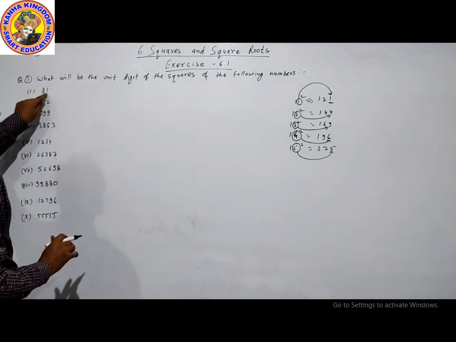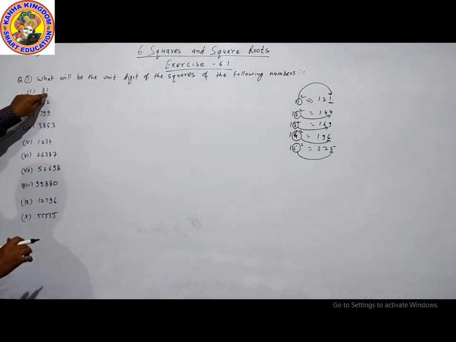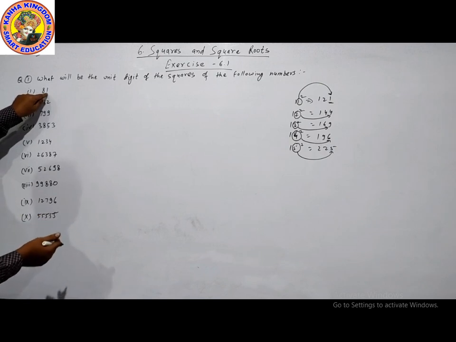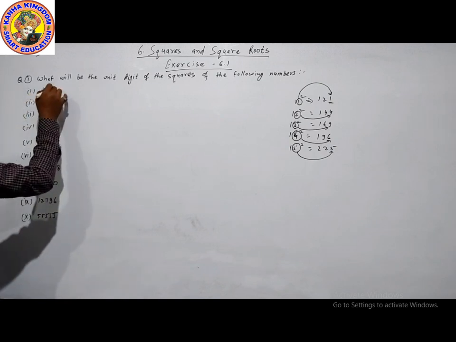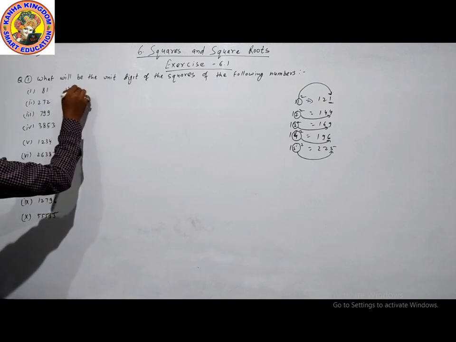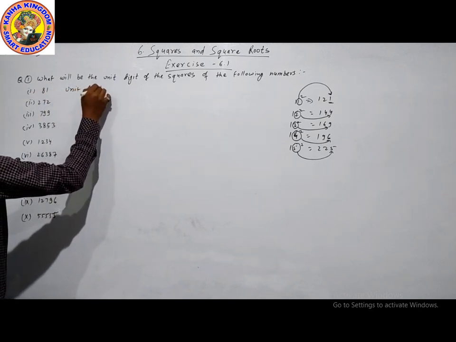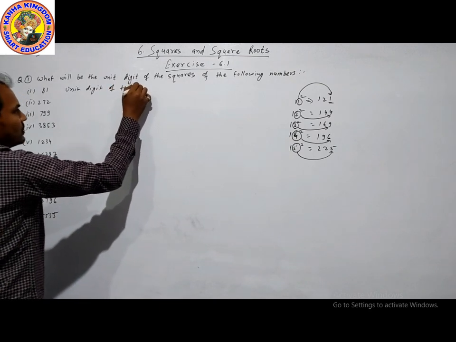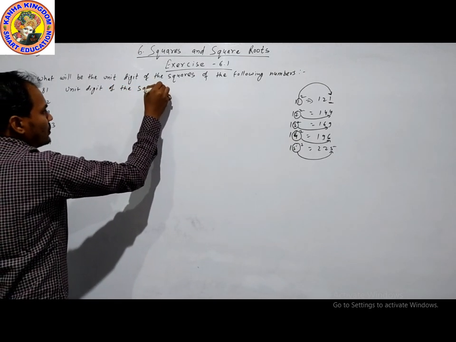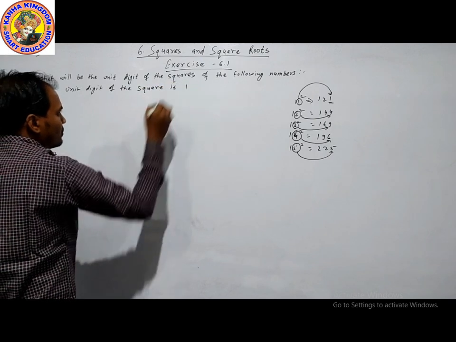Take the unit digit of the given number, which is 1. So 1 square is 1. So the unit digit of the square is 1. Unit digit of the square is 1.